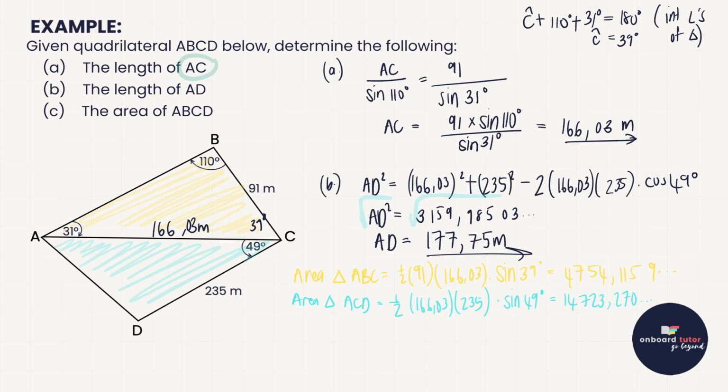And now we can finally say, all right, well, we're ready to answer question C. Therefore, the area of the quadrilateral ABCD is equal to, and we're just going to add these two things together. So plus the answer that we got earlier, and that gives us a huge 19,477,39 meters squared. There we have the area of the quadrilateral.